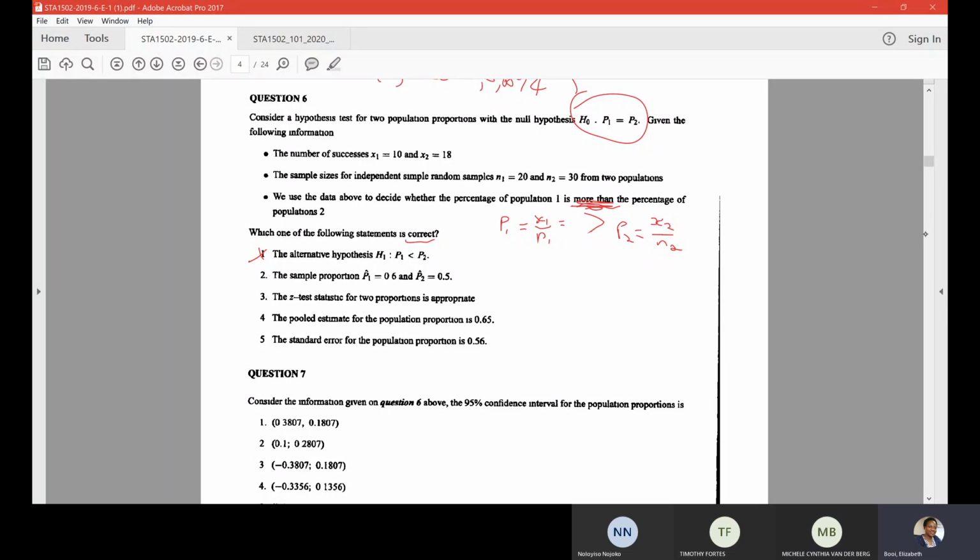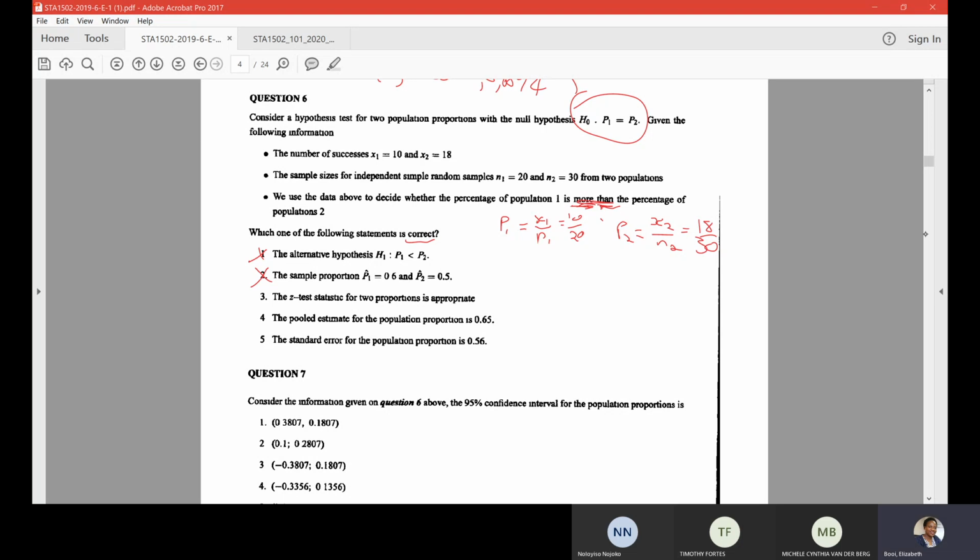This will be 10 over 20, and the other one will be 18 over 30. So you're saying this is not correct, because 10 over 20 will give us 0.5 for P1.